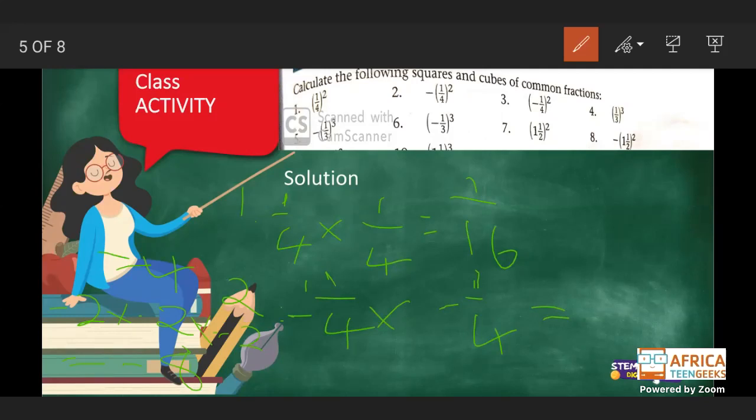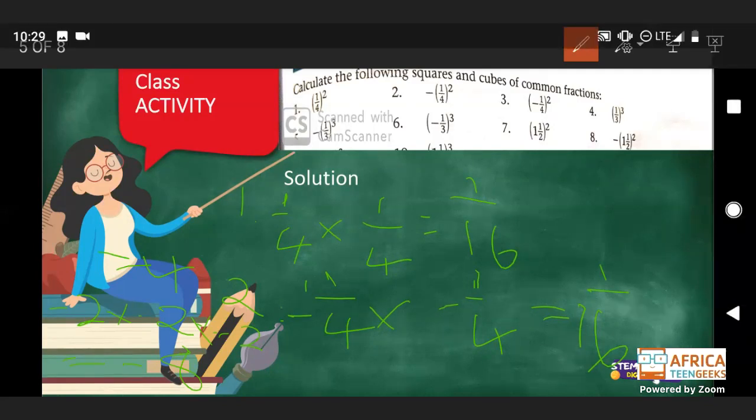So in number 2, our answer will be positive, right? 1 multiplied by 1 is 1, and negative 4 multiplied by negative 4 is positive 16, right? So let's do 2 more examples and then we'll do our home activity.